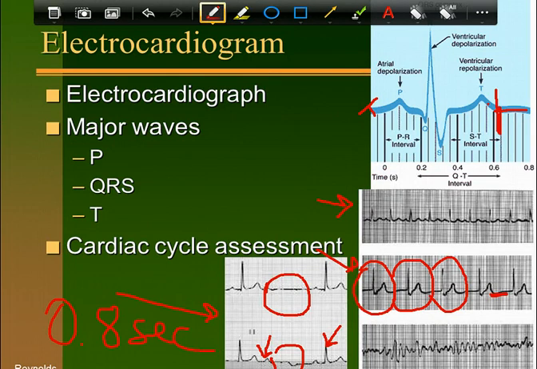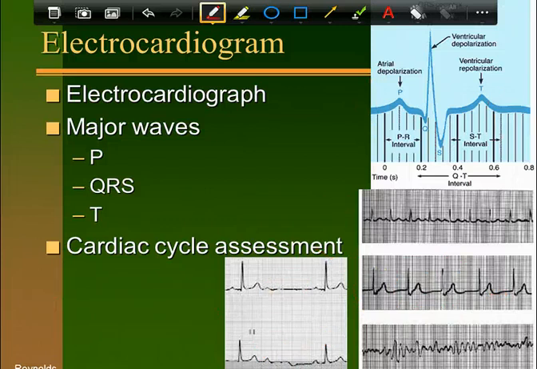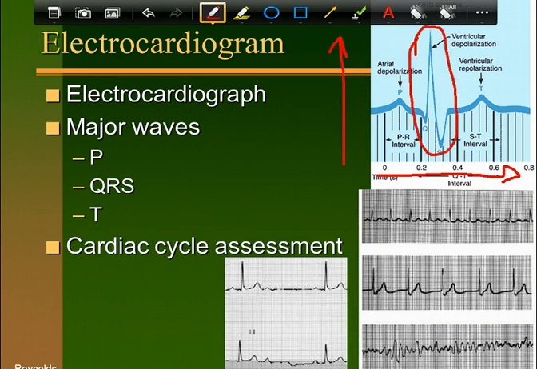So one cardiac cycle goes from here to the beginning of the next cardiac cycle, the next release of the SA node impulse. So this tells you all sorts of things about the heart. By the way, you've got time on this axis. You've got intensity of the impulse going this way. You should be able to figure out why the QRS wave is so intense. I'm not going to give you the answer.